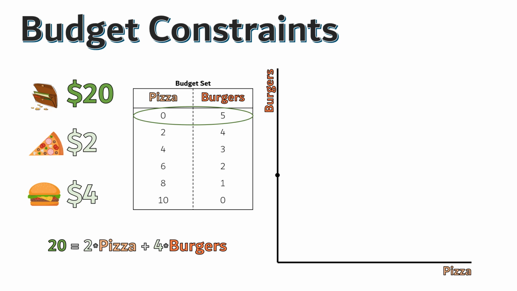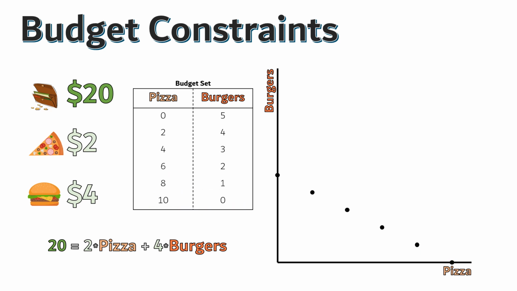One alternative to that bundle is buying 2 slices of pizza for $4 total and 4 burgers for $16 total, adding up to our $20 limit. That corresponds to this new point at coordinates 2, 4 on the graph. We can also afford 4 slices of pizza and 3 burgers, or 6 slices of pizza and 2 burgers, or 8 slices of pizza and 1 burger, or even 10 slices of pizza and no burgers.